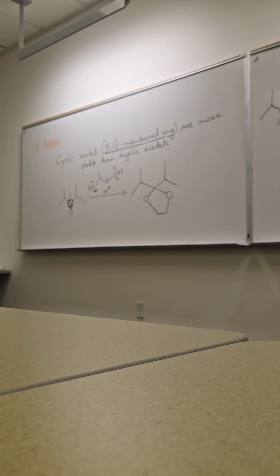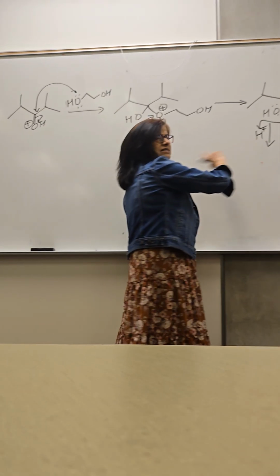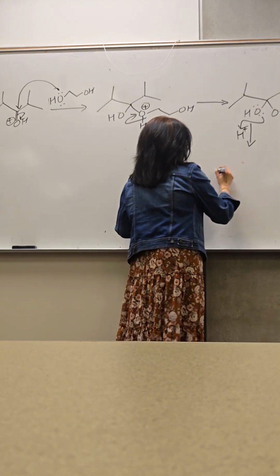What will this intermediate do? We need a leaving group. We don't have a leaving group yet. So the OH is going to get protonated. The H plus will protonate the OH. No difference, exactly the same sequence of events.